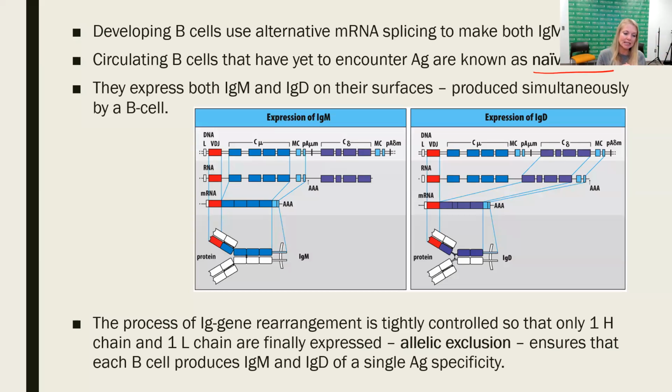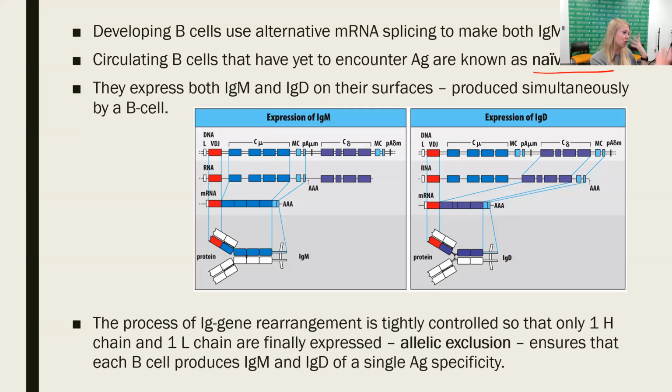So this process then of rearrangement, like you might imagine, is very tightly controlled. These somatic recombination events don't just happen willy-nilly. It's only going to happen at one time, and only one event can happen, and this is going to lead to the production of only one light chain and one type of heavy chain.